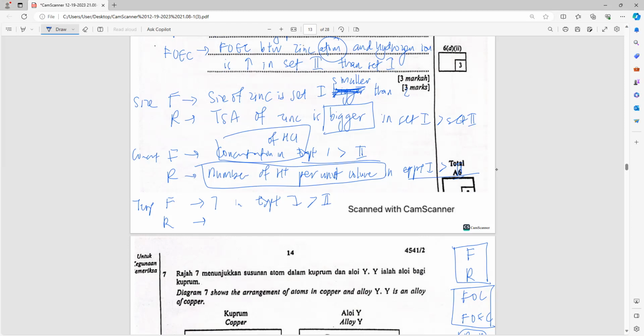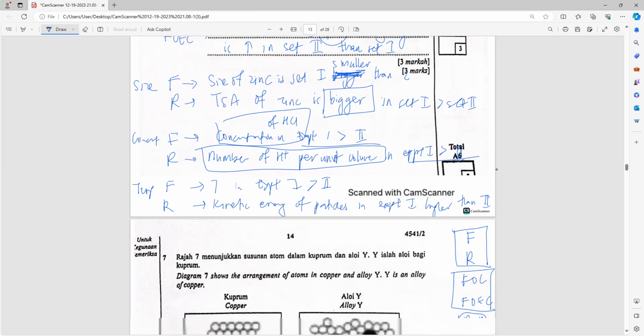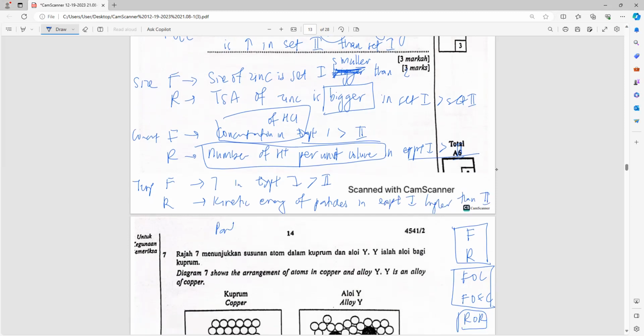Yeah, so the kinetic energy of particles in experiment 1 is higher than experiment 2. Okay, particles collide more. Then you just carry on with your FOC, FOEC, and ROR.